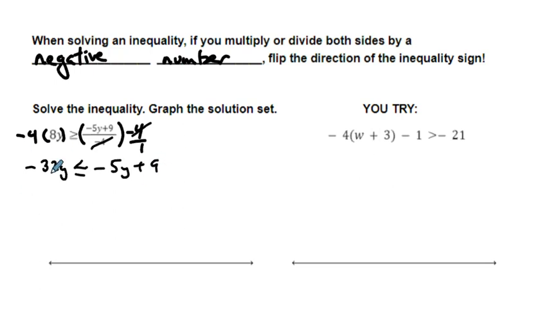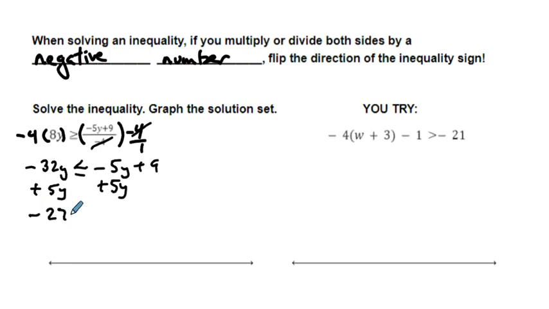There's no numbers over here. There's only variables. So I'm going to actually move the -5y over. Okay, and so we're going to do that by adding 5y. Now, when you add or subtract, regardless of the sign, you're not ever flipping the sign, right? Adding and subtracting does not have any impact on that, all right?